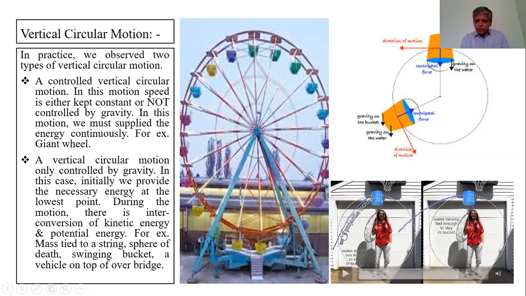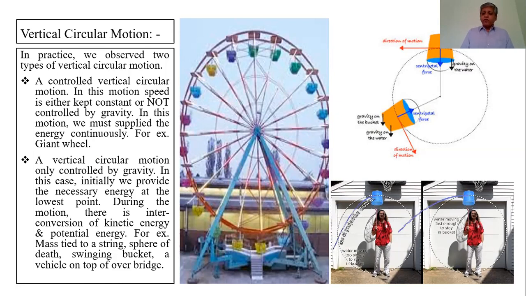In this case, the water falls down. That means when the bucket has the critical velocity, which is the velocity required for the circular motion, or greater, the water stays in the bucket due to the centrifugal force experienced by the water.